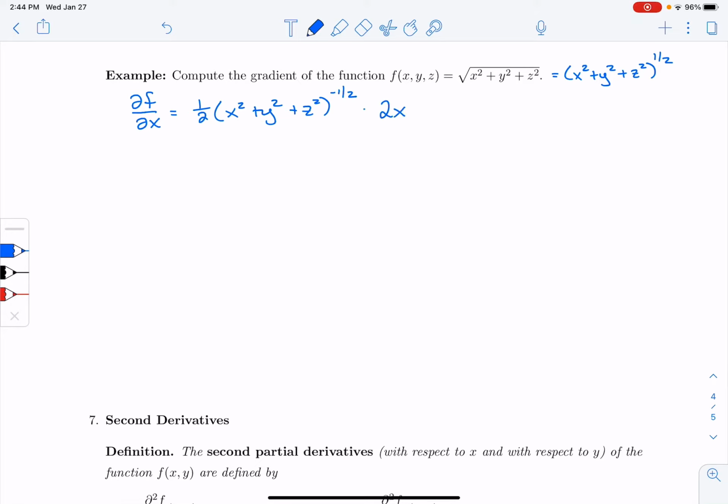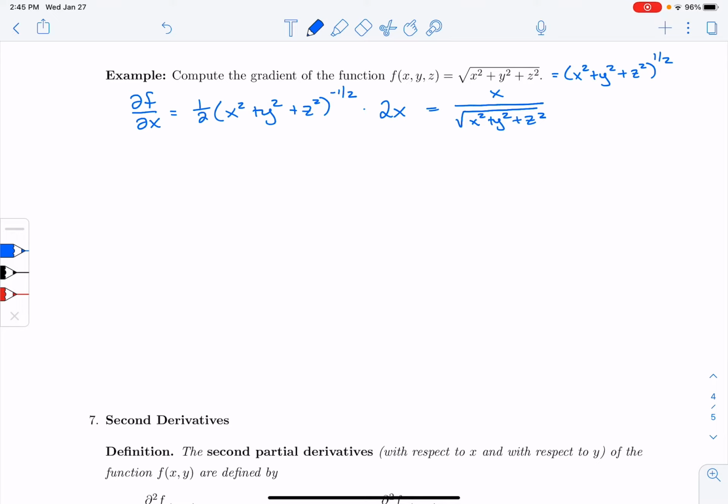And then the derivative of y squared, which is a constant in this case, with respect to x is 0. And the derivative of z squared, which is a constant in this case, is also going to be 0. So I could simplify this. 2x times 1/2 is just x. And then if I'm doing the negative 1/2 power, that's dividing by the square root of x squared plus y squared plus z squared. So that's df dx.